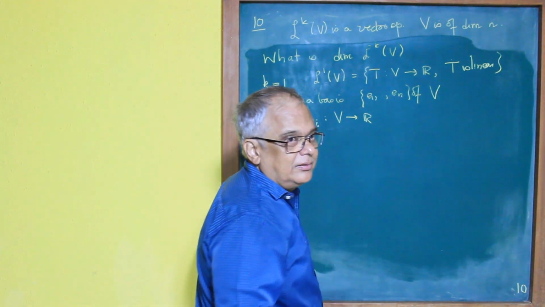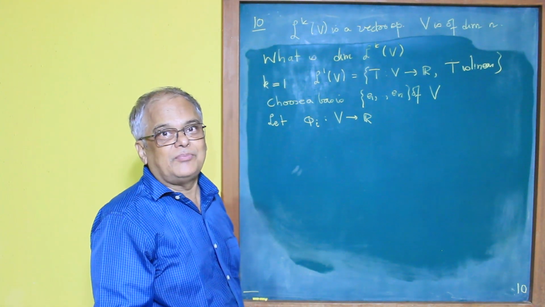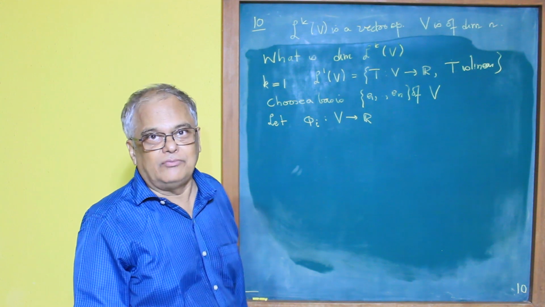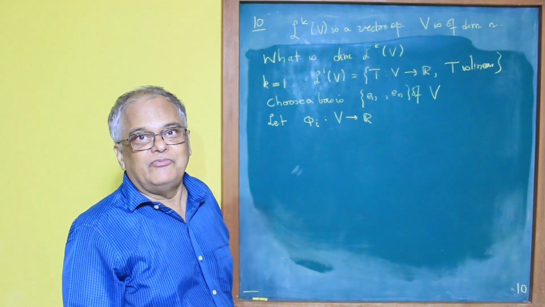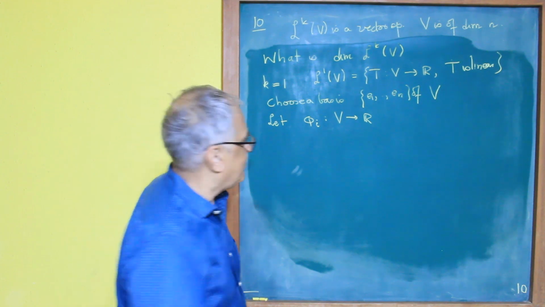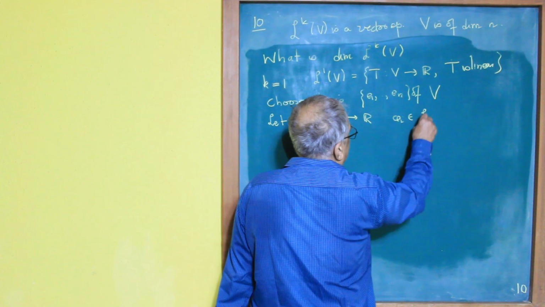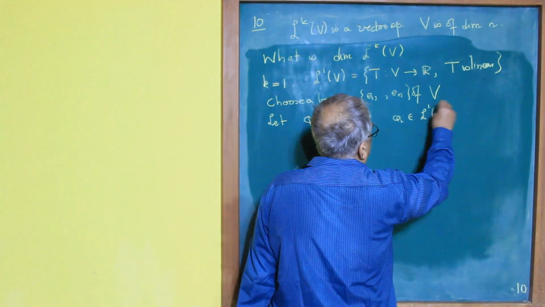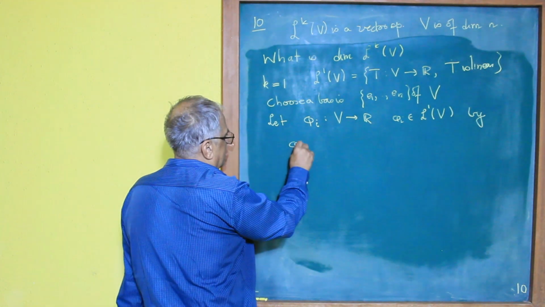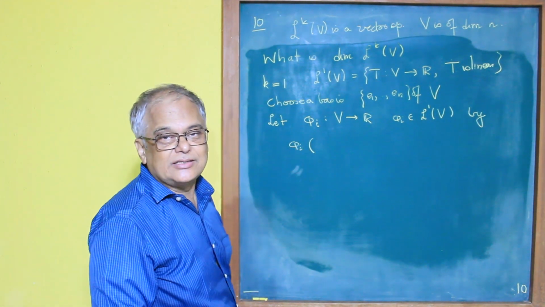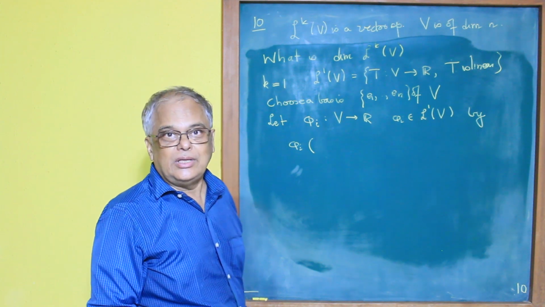So if you define a linear map on a basis, then you know what the linear map does on every element. So define phi to be a linear map from V to R. I should tell you what phi does on a basis of V. The basis is given by e_1 to e_n.